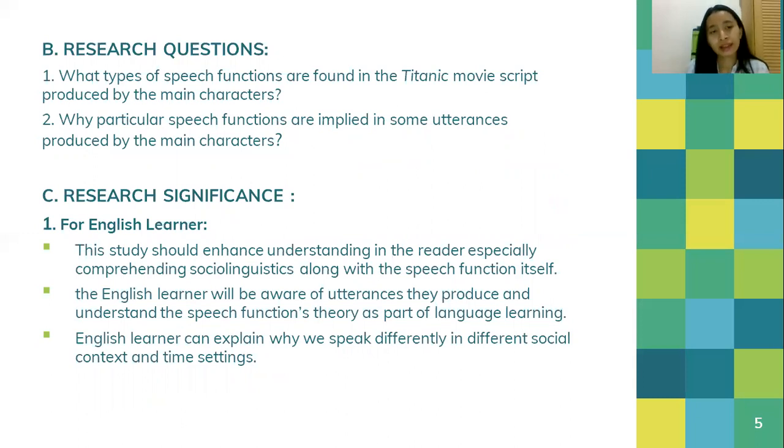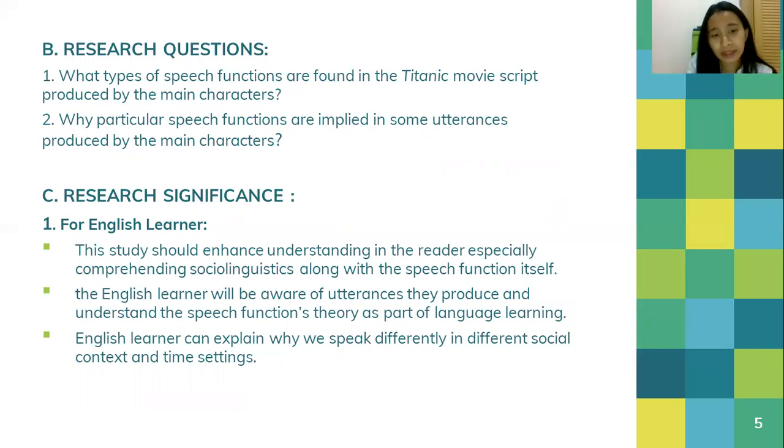And then the second research question is why particular speech functions are implied in some utterances produced by the main characters. And then the next part is research significance. The first one is for English learners.